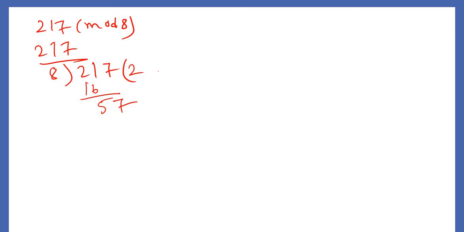Now 8 into 8, 64. So here we use the quotient 7, that is 56. So here the remainder is 1. So finally we got all the values. Therefore the value of 217 mod 8 is equal to 1.